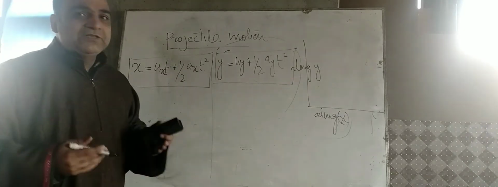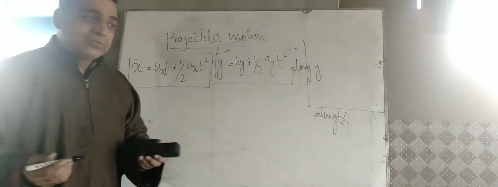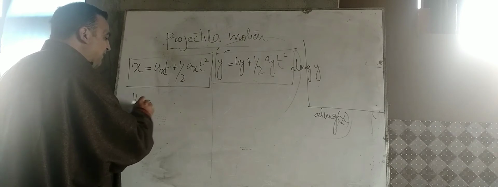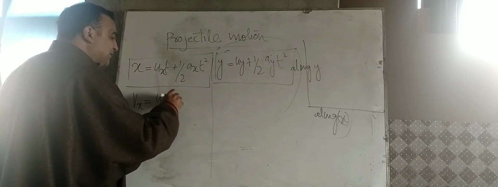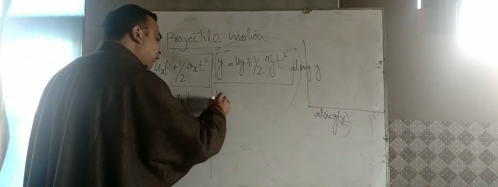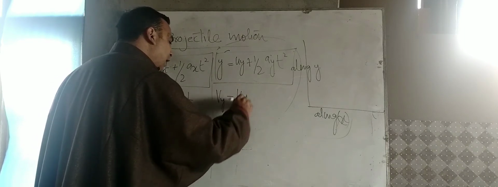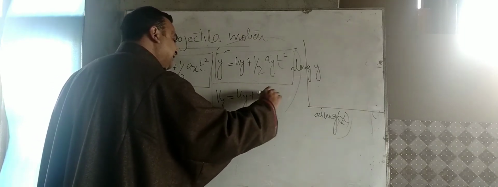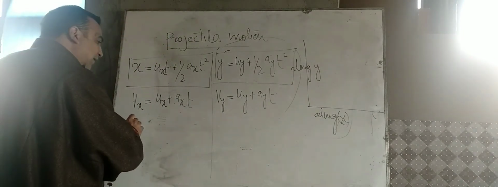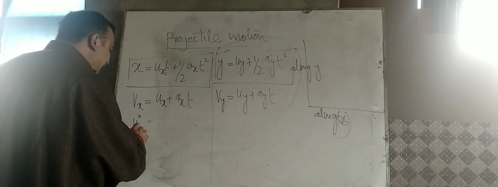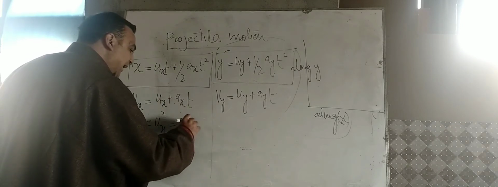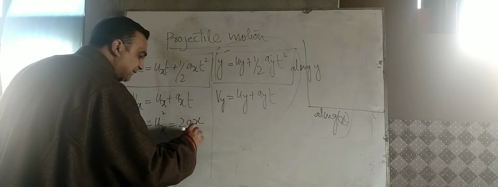Similarly, the other two equations can also be written in terms of the coordinates. Suppose I write vx. Now vx will be equal to ux plus axt. Along y, vy will be equal to uy plus ayt. And I can write down vx squared minus ux squared is equal to 2ax x.